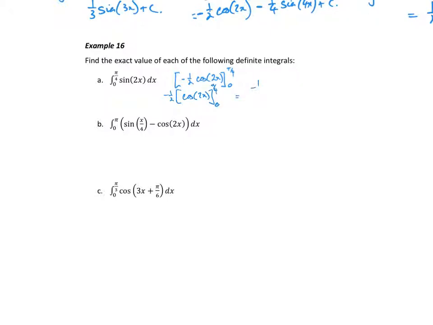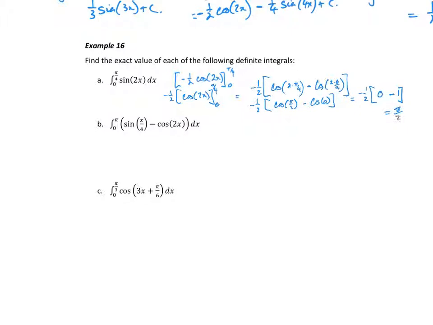So this is equal to negative a half out the front of cos of 2 times pi on 4 minus cos of 2 times 0. 2 times pi on 4 is pi on 2, so I get cos pi on 2 minus cos of 0, which is equal to negative a half times, well, cos of pi on 2 is 0 minus cos of 0, which is 1.